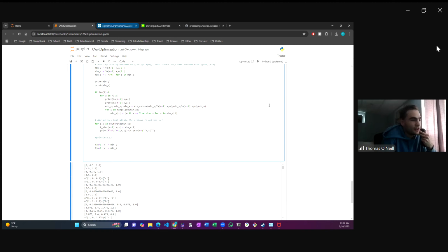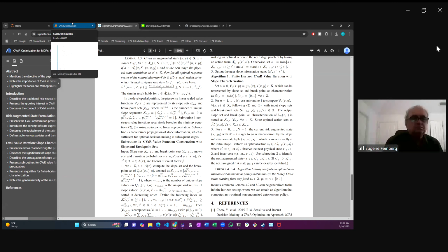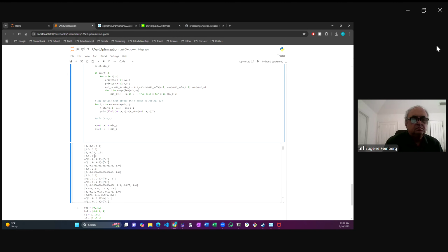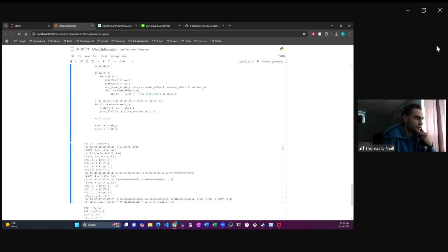Yeah, I haven't done step 3 yet, but I finished the part where you get the optimal actions. It gives you optimal actions, where there is more than one optimal action depending on the risk level. So in some of these the optimal action sets might be more than one.